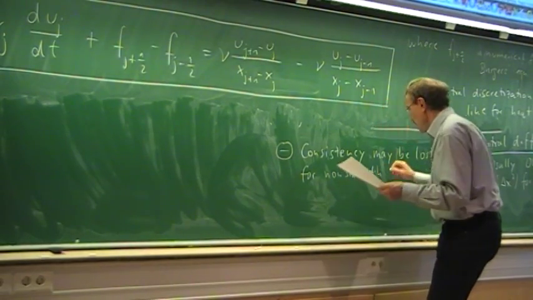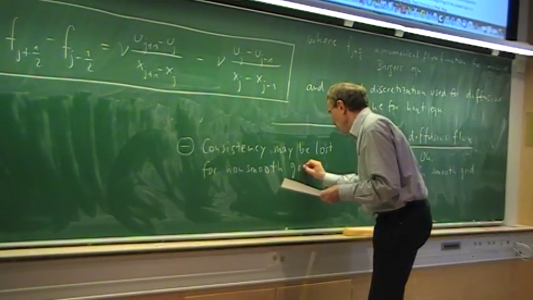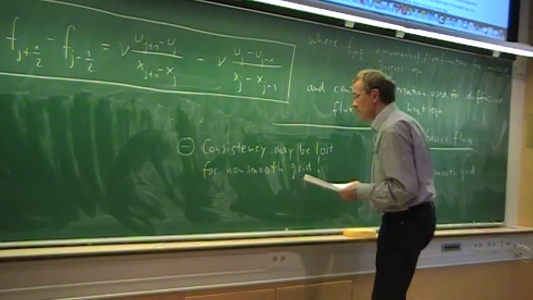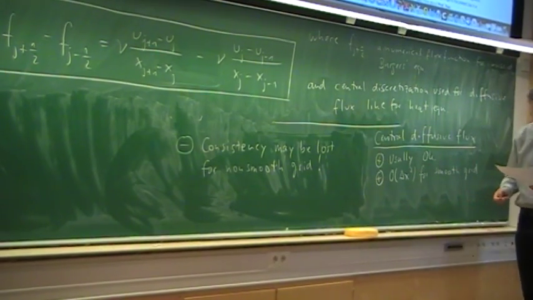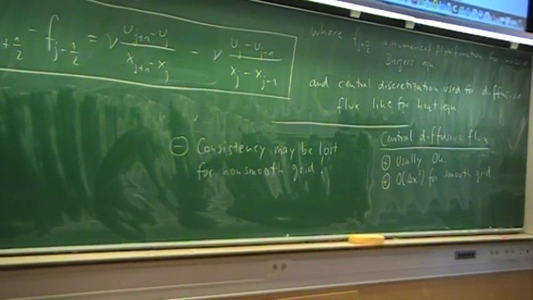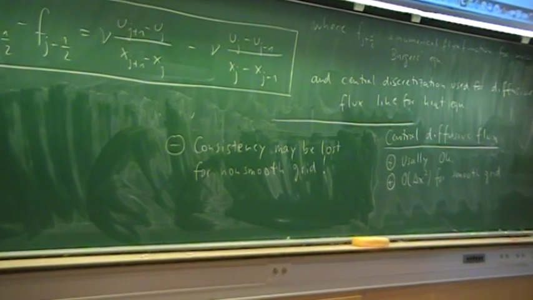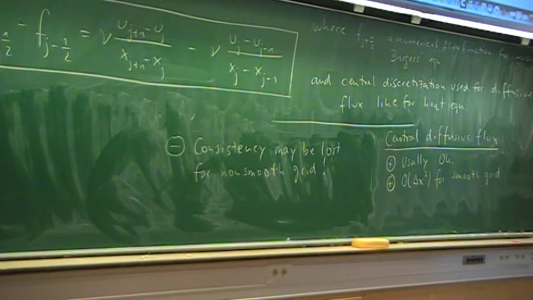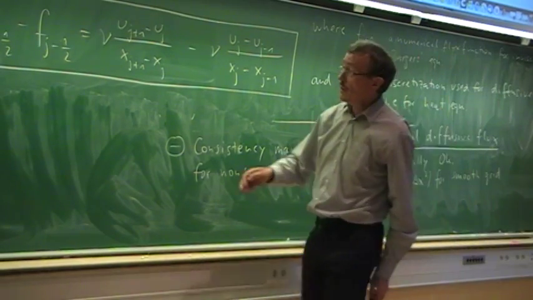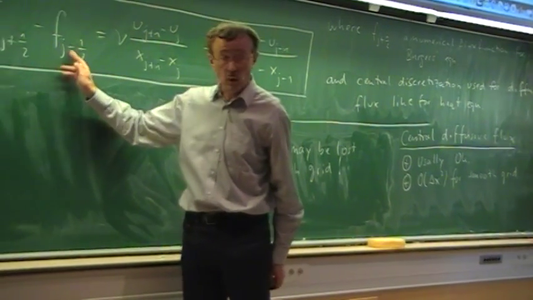Then you are approximating something that you don't want to approximate. But in general, the discretization of these diffusive fluxes is not a problem. The challenges are usually the discretization of the inviscid fluxes, these non-linear fluxes.